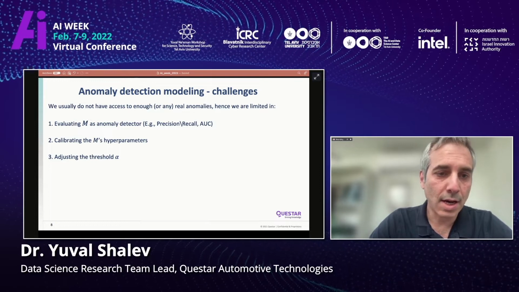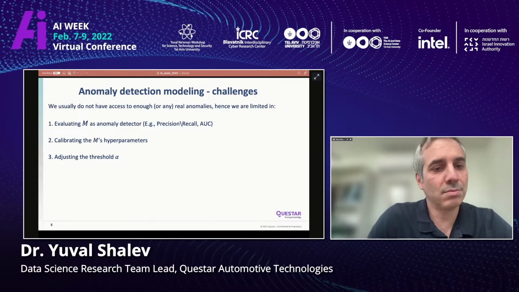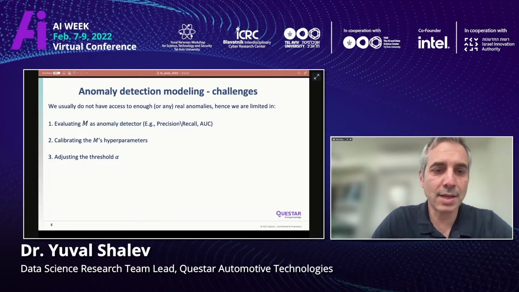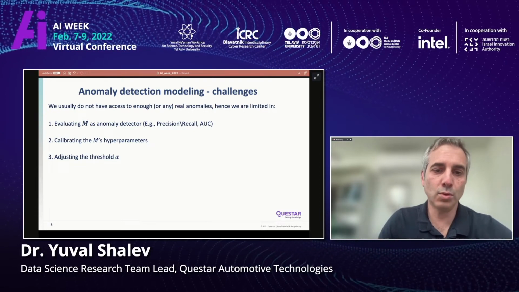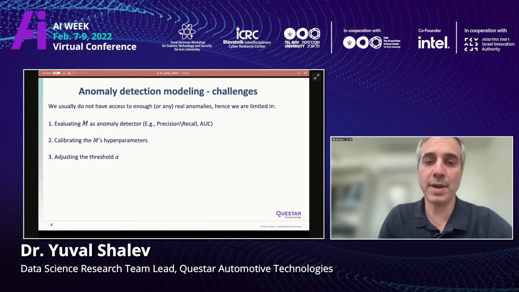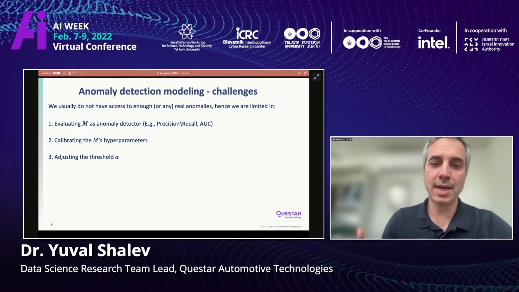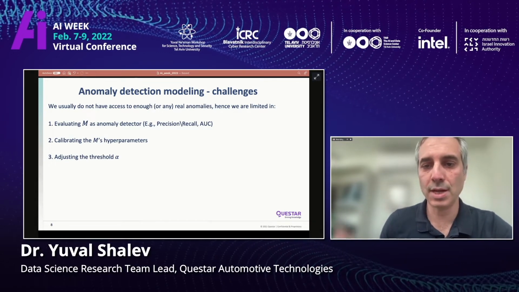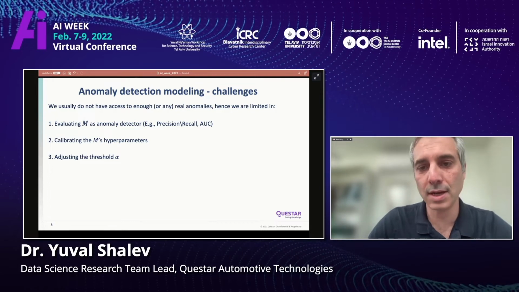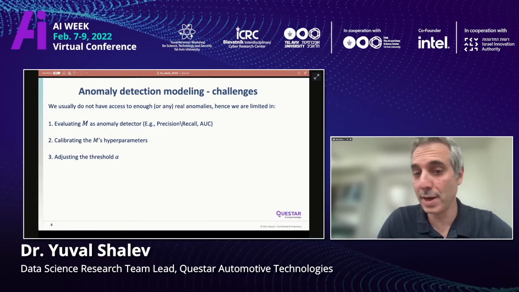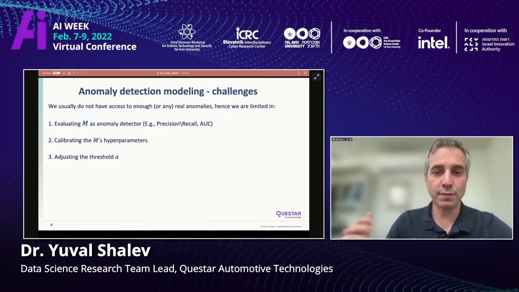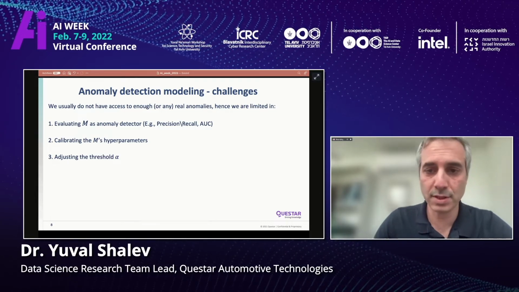This limits our ability to get feedback on whether our model provides precision, recall, and AUC values that are reasonable or what we expected, or a certain false positive rate or true positive rate.